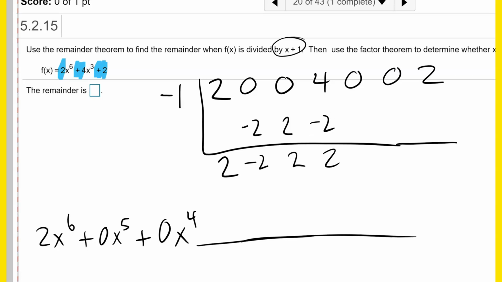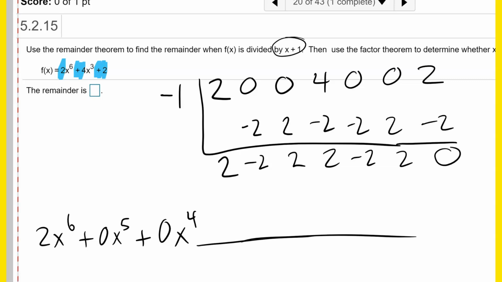My goodness, all the 2's. -1 times 2 is -2. 0 plus -2 is -2. -1 times -2 is 2. 0 plus 2 is 2. -1 times 2 is -2. And 2 plus -2 is 0.